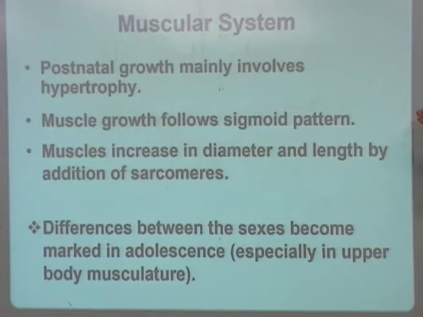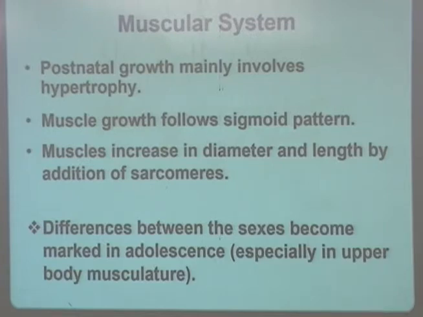As always, we see our S-shaped curve, right? So even with the muscle growth, we would see an S-shaped, big curve in growth. And muscles can increase in diameter. That's generally related to how much physical activity, how much work they get, so they can get fatter. Okay. And they can increase in length by addition of a sarcomere.